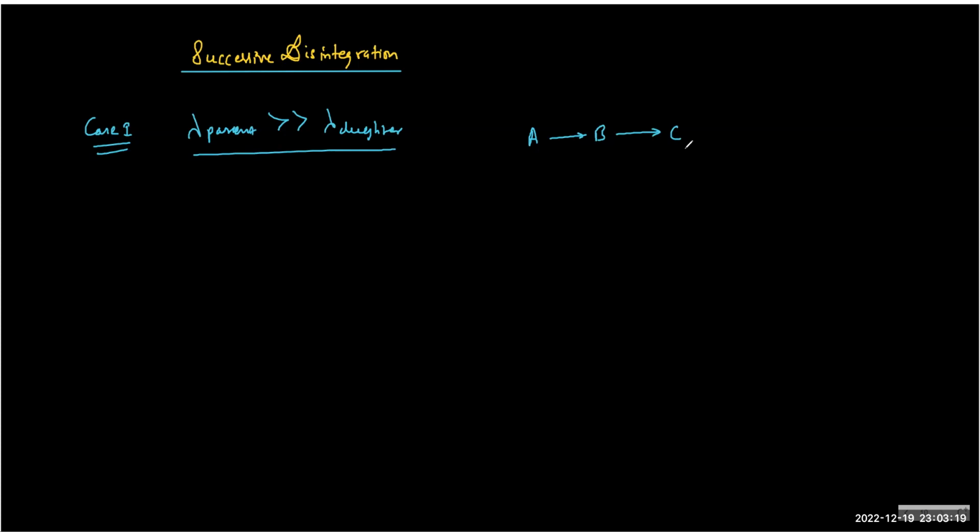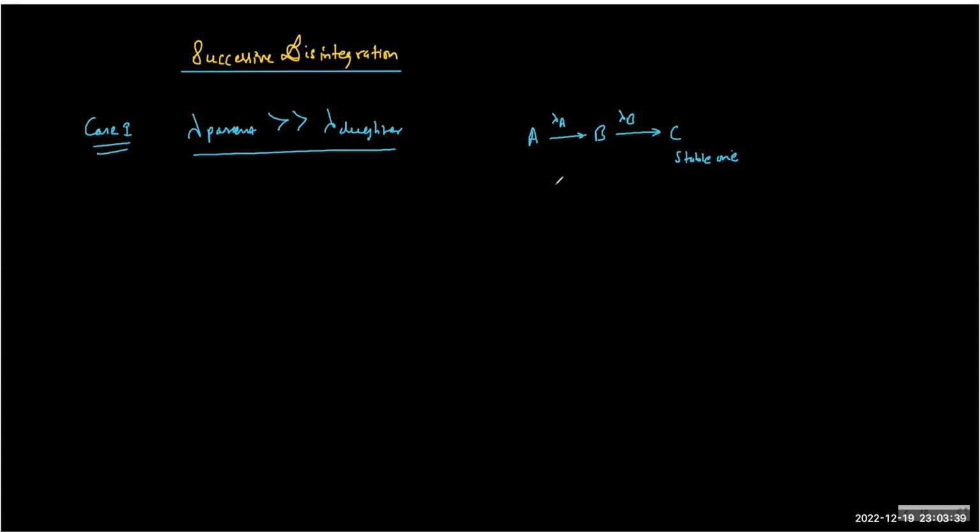Lambda A is the decay constant of A, and lambda B is the decay constant of B. C is the stable one. We have to assume that, otherwise life will be really hell.